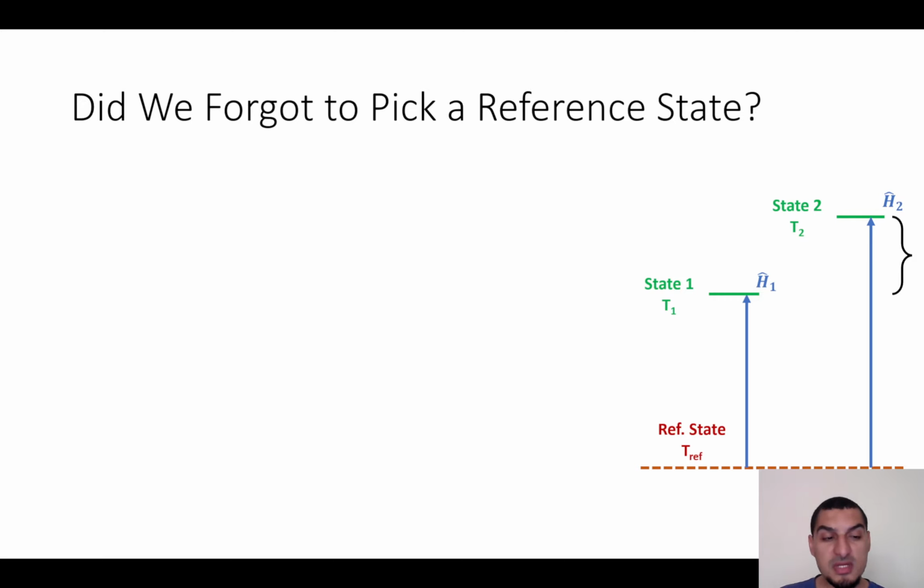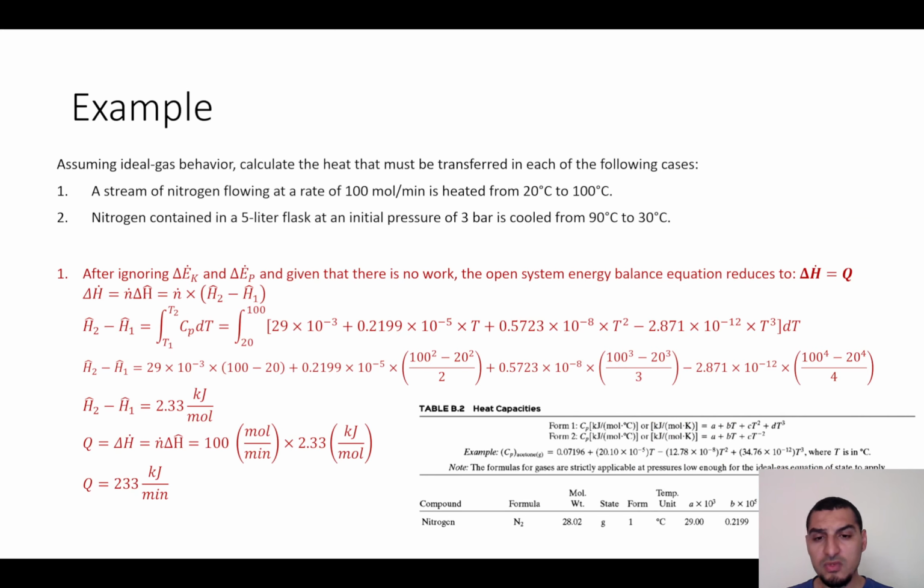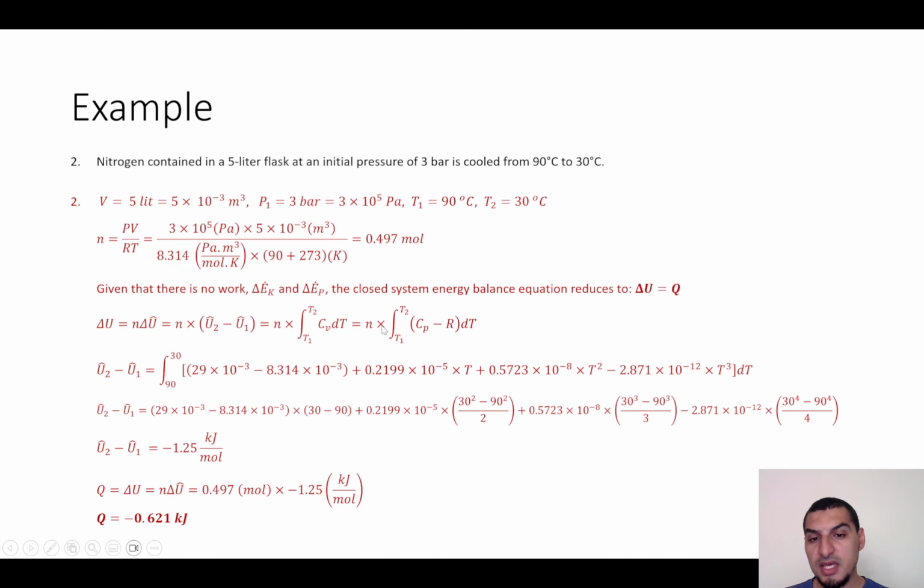And we said that we must have a reference state in order to calculate this. But if you go back to the first part, we didn't mention anything about the reference state. We directly did the integration from T1 to T2. And for the second case, we had the integration from T1 to T2. We didn't mention anything about the reference state here.